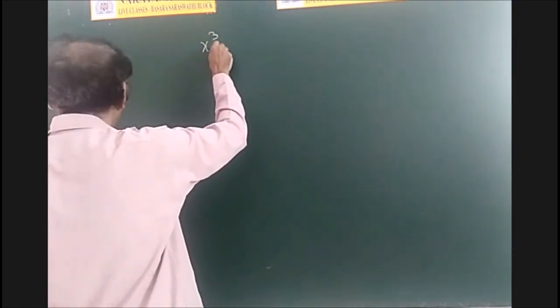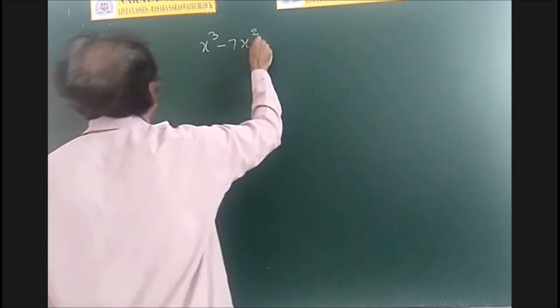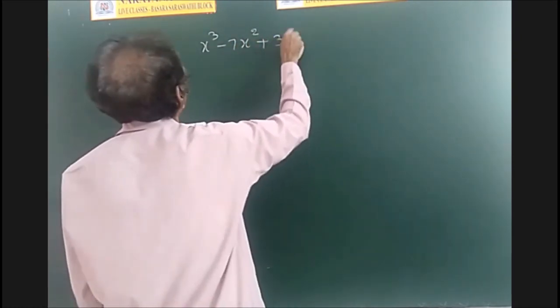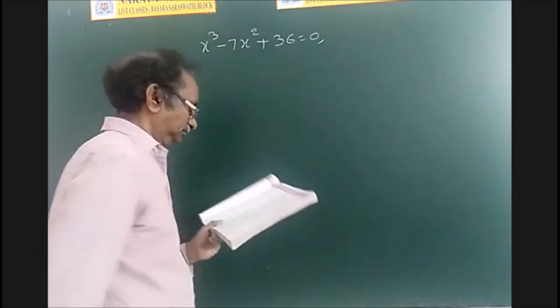And we do another problem. Solve the equation. Solve x cube minus 7x square plus 36 is equal to 0.